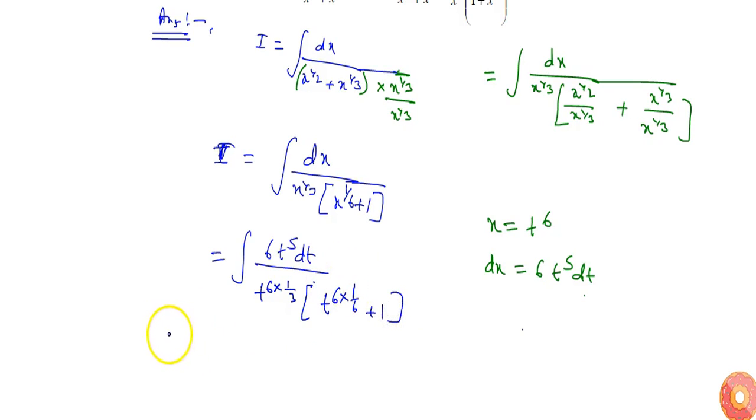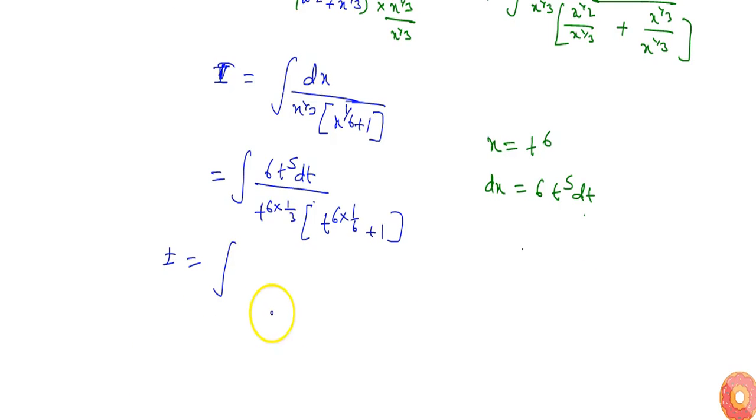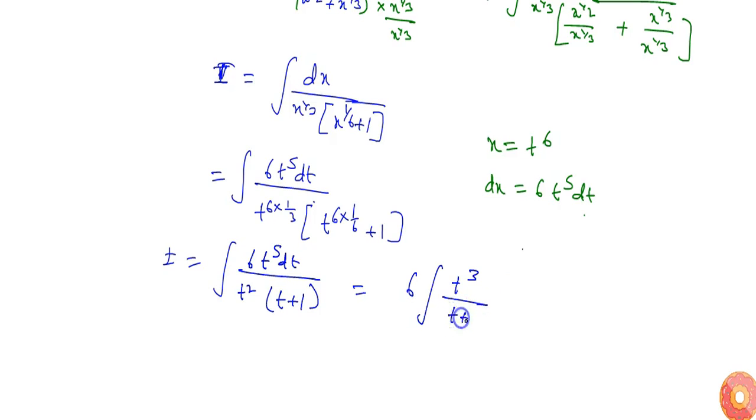So here I'll get I equals integration 6 t power 5 dt by t square, it will become t plus 1. So I'll get 6 integration t cube divided by t plus 1 dt.